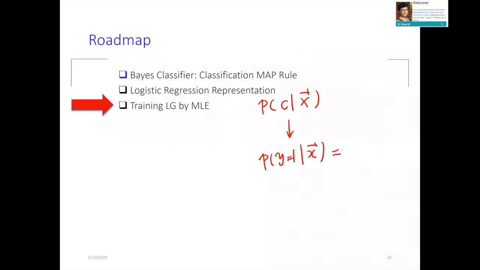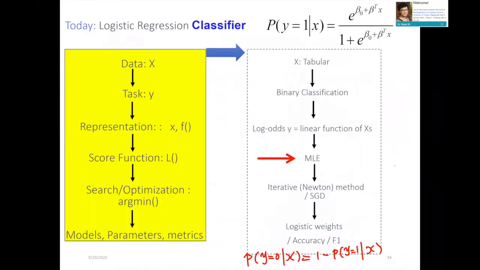So again, to give you a quick review, this is e to the beta transpose x over e to the beta transpose x plus 1. So this is how my logistic regression looks.